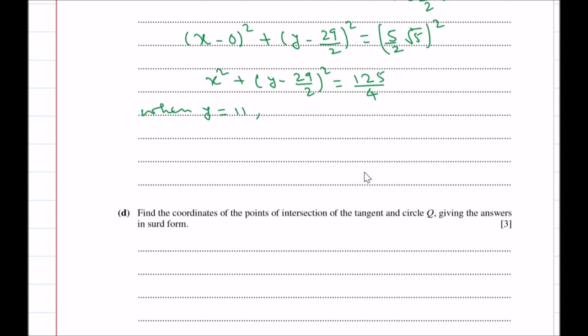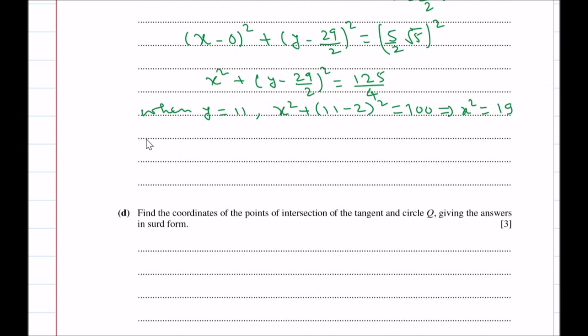So let us do that. x square plus 11 minus 2, because y minus 2, so 11 minus 2 whole square is equal to 100. This implies that x square equal to, we get 19.